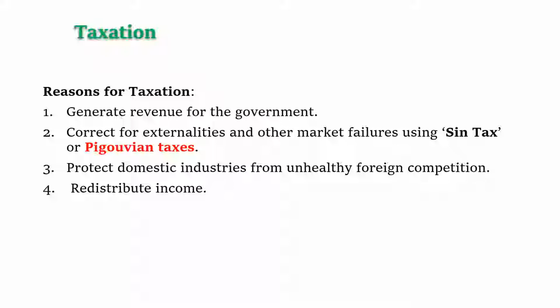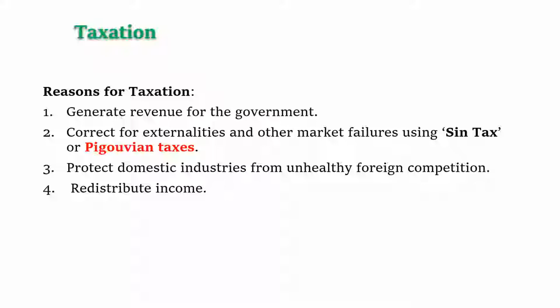Now, the second reason why government decides to levy taxes is to correct for externalities and other market failures using the sin tax or Pigovian taxes. Now, next week, when we deal with externalities, we're going to deal with this issue of Pigovian taxes.